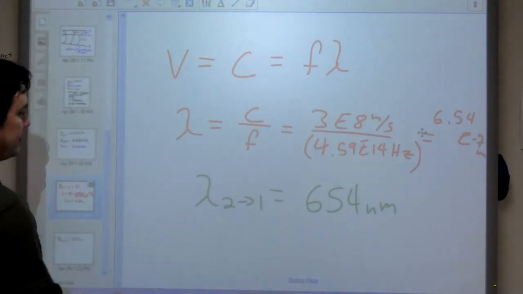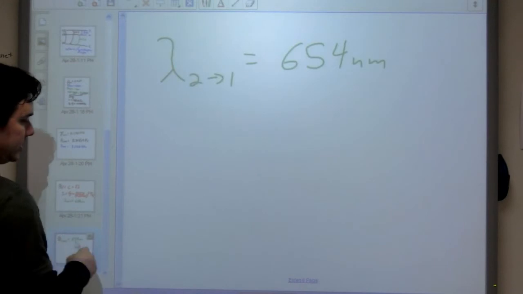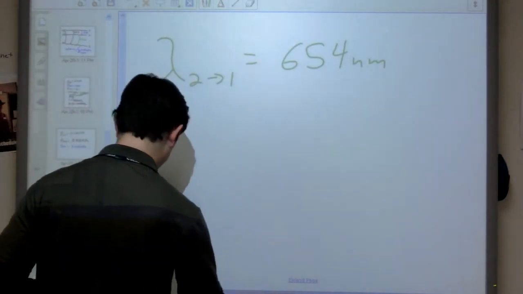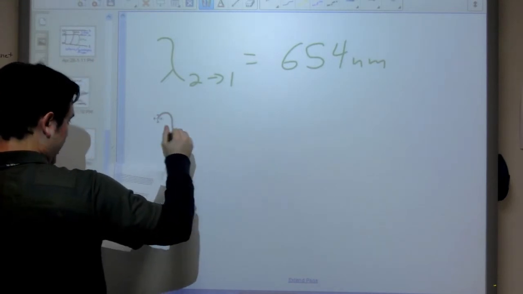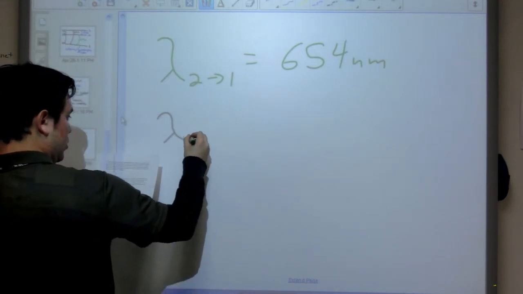We would then multiply that by 10 to the 9th to convert it to nanometers. I apologize, hopefully that wasn't too confusing for you. I told you that you want to stay familiar with how to deal with nano and micro.